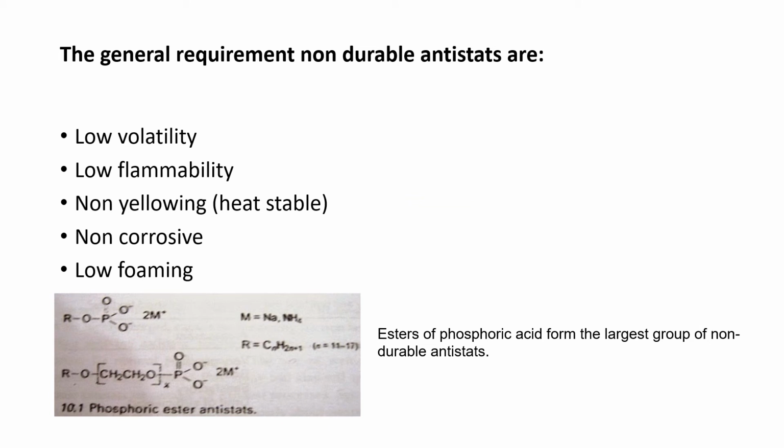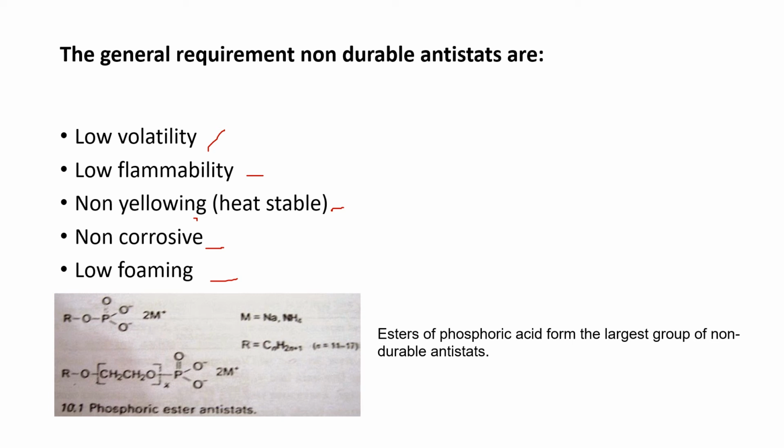The general requirements for non-durable antistats are that they should have low volatility and low flammability, not yellowing, meaning they should be heat stable, non-corrosive and low flaming. Here you can see a phosphoric ester antistat.